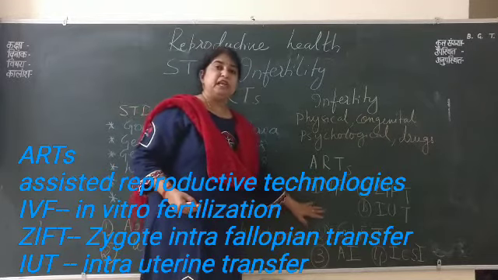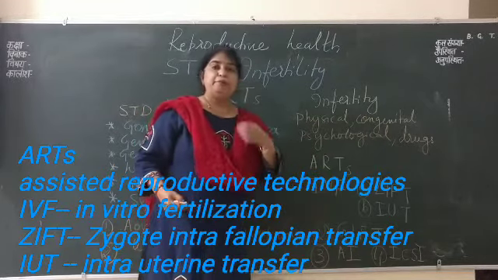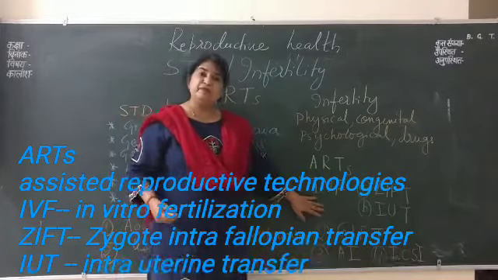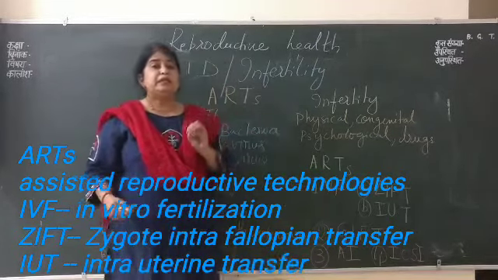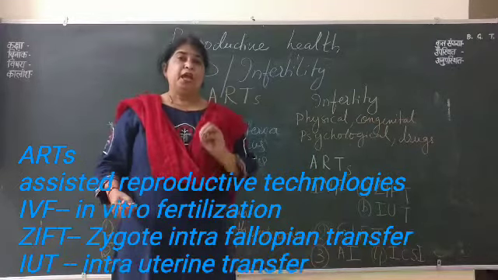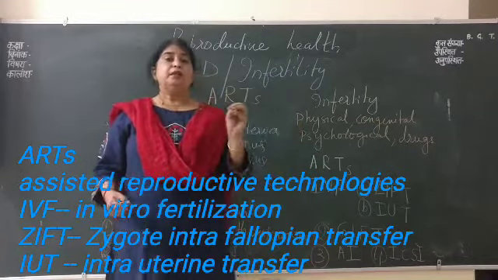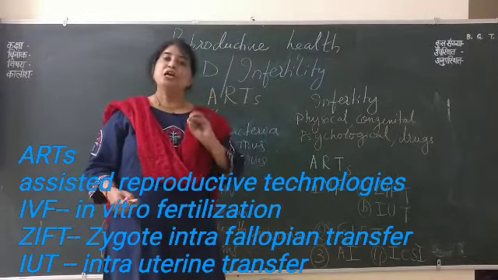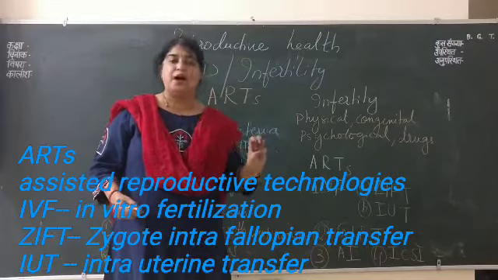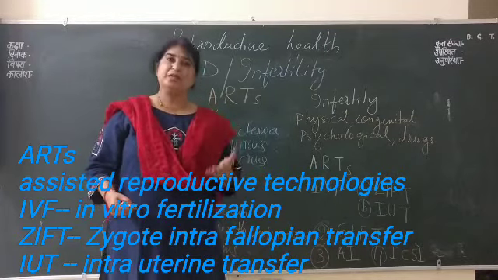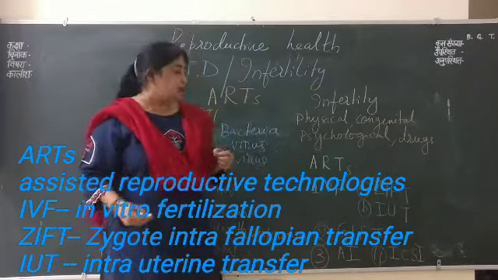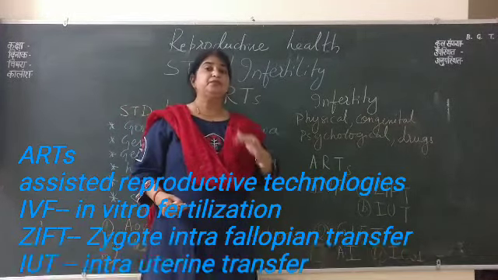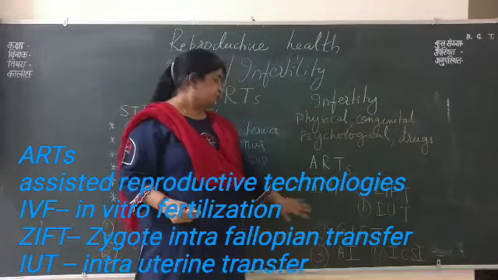The baby produced because of IVF is also known as a test tube baby. If we see the history, the first test tube baby of India is Kanu Priya Agarwal, also known as Durga, and she was born in 1978.